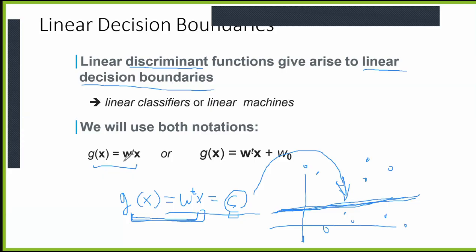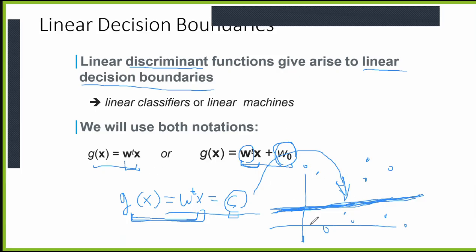And the discriminant function also comes with this bias term. We will go over it in the next slides, but basically in the 2D feature space, the weight vector will dictate the orientation, the angle or tilt of this line, whereas the bias term will correspond to a shift with respect to that orientation of the plane.